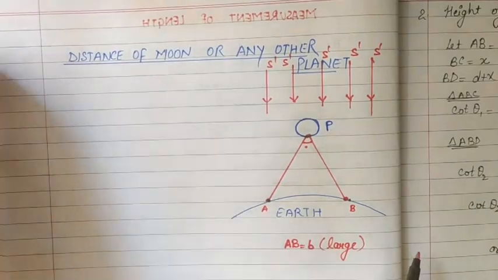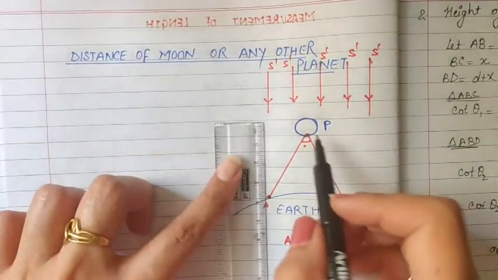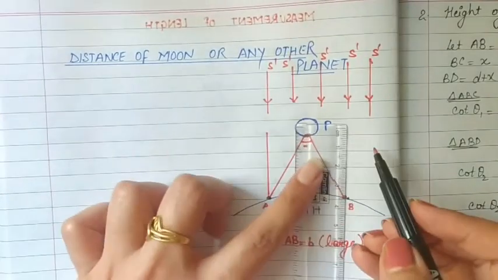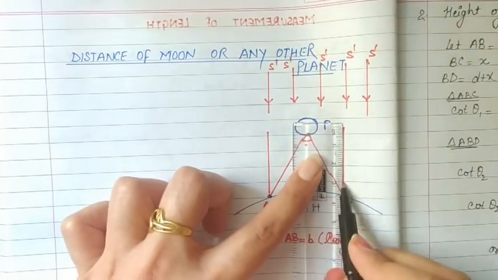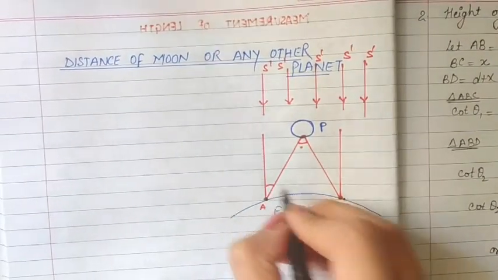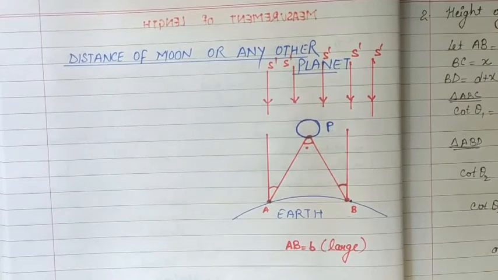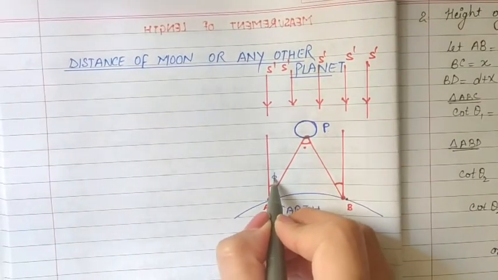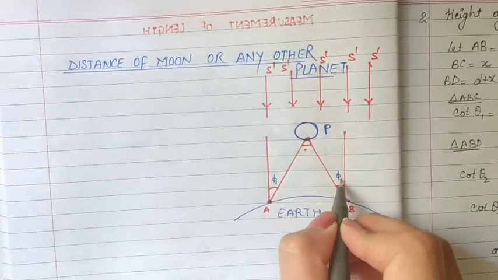These fall on the points of observation, that is A and B, and let the angles made by them be phi 1 and phi 2.